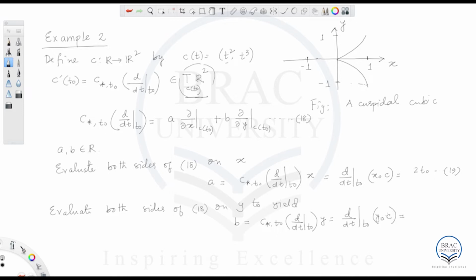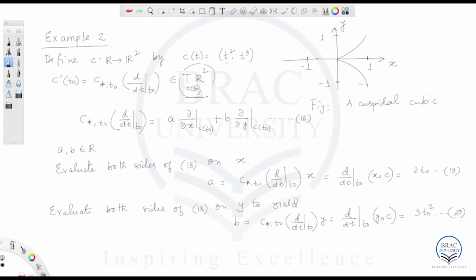What is the y component of this curve? T cubed, and that gives us 3t0 squared, right? This is equation number 20. Good.